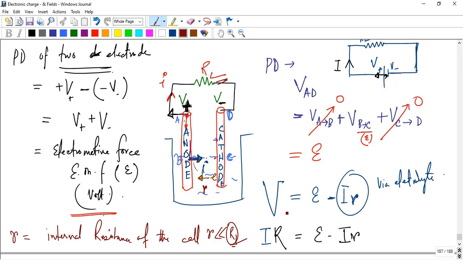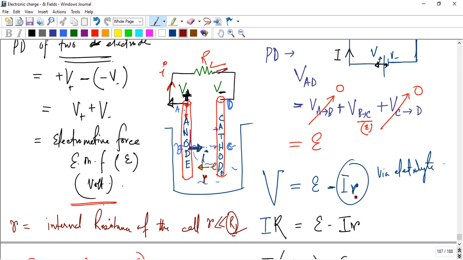So clear the concept: small r represents the internal resistance, and that resistance depends on the electrolyte solution, the gap between the two electrodes, and many other factors.